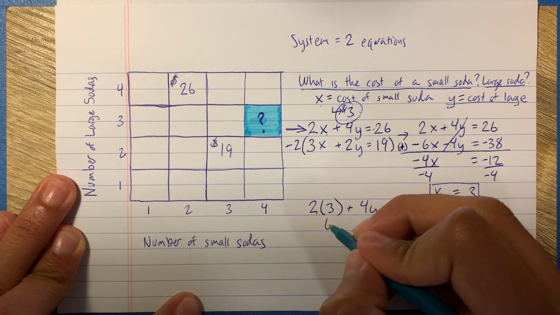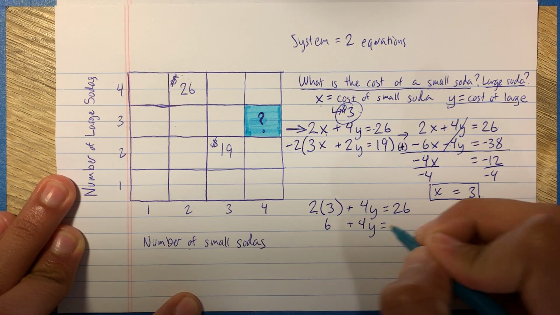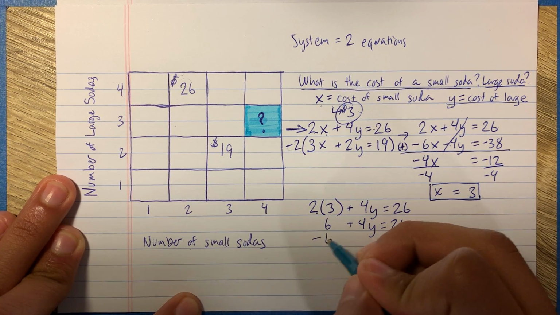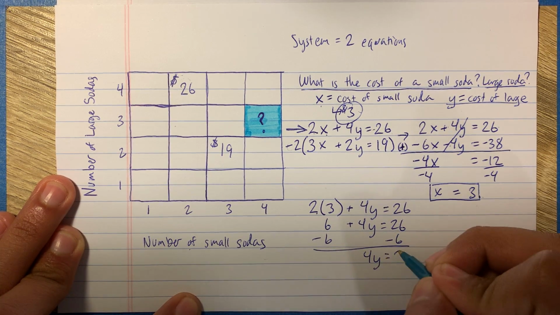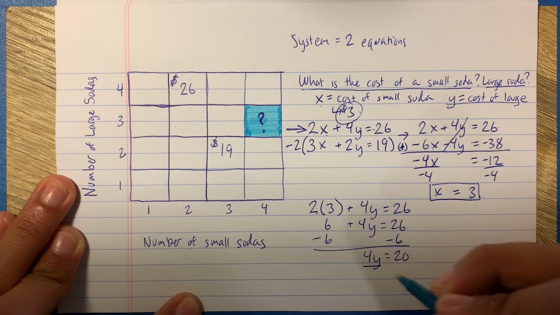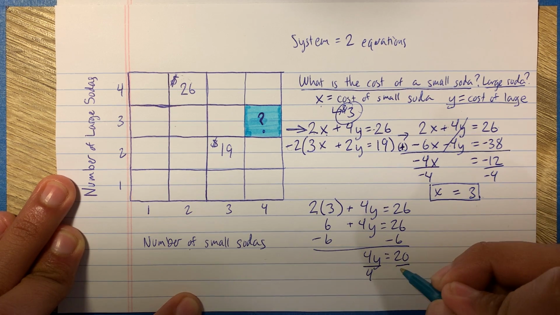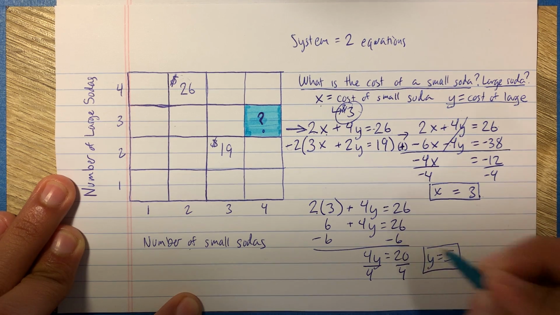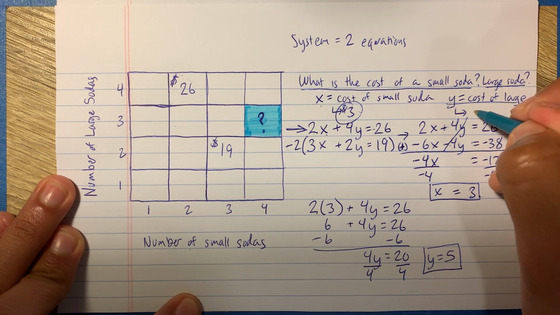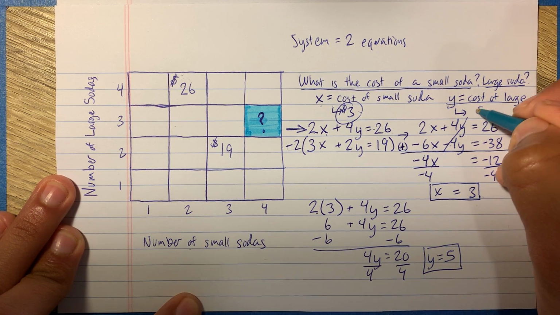I multiply these two, I get 6 plus 4y equals 26. I subtract 6 on both sides, and I get 4y equals 20. Divide both sides by 4, and I get that y equals 5. So the cost of a large soda is $5.